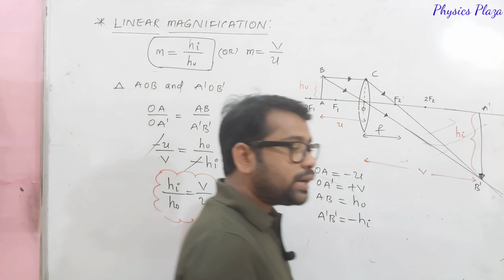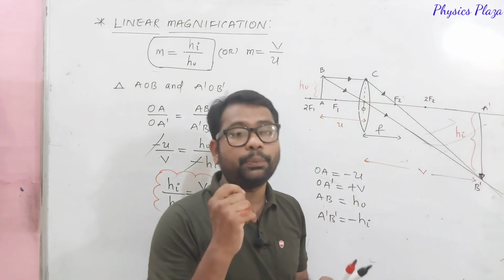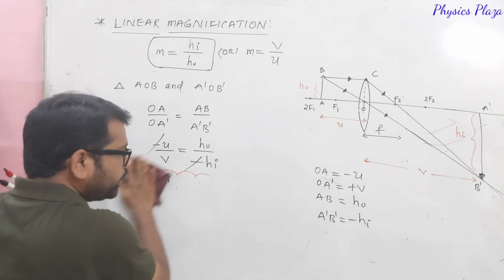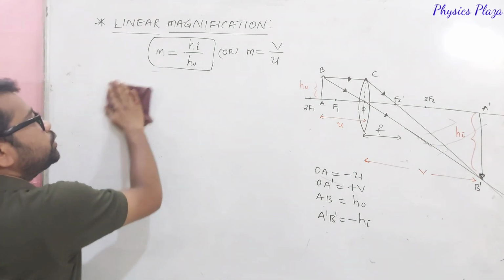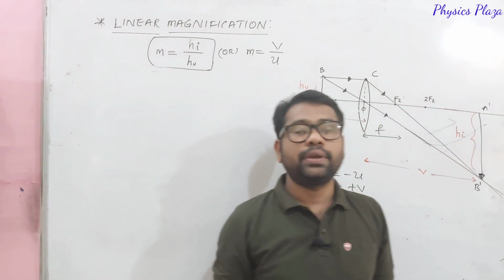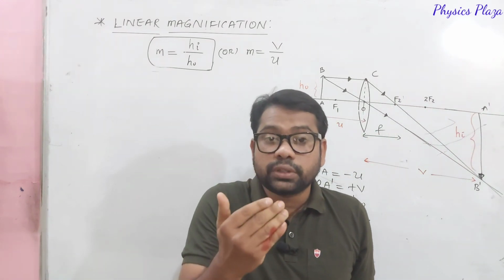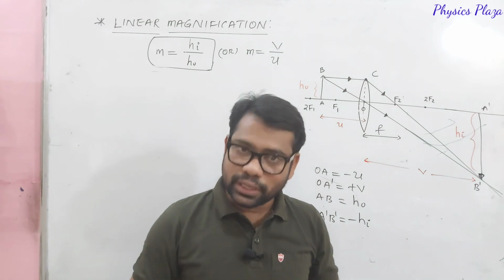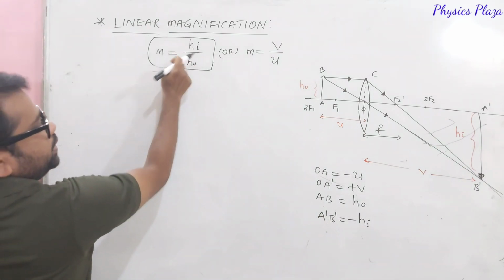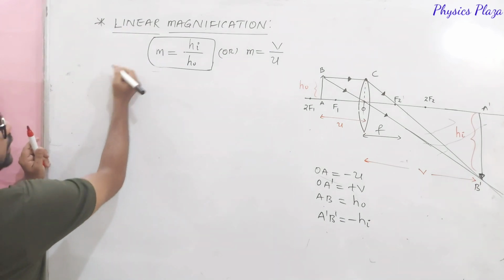Now teacher, what is the importance of this linear magnification? Let us see. Children, by knowing the value and its sign convention, we will come to know whether it is a real image or virtual image, and we can even come to a conclusion regarding the size of the image formed. As you know, m is equal to hi by h naught. So there are three cases.